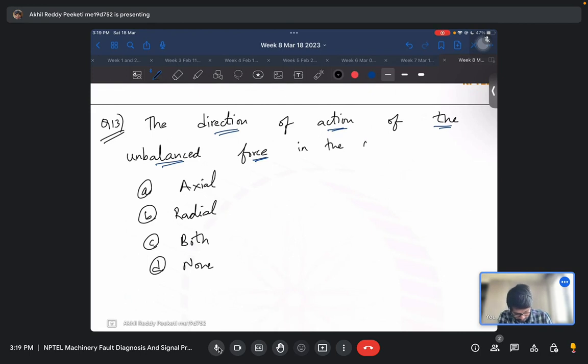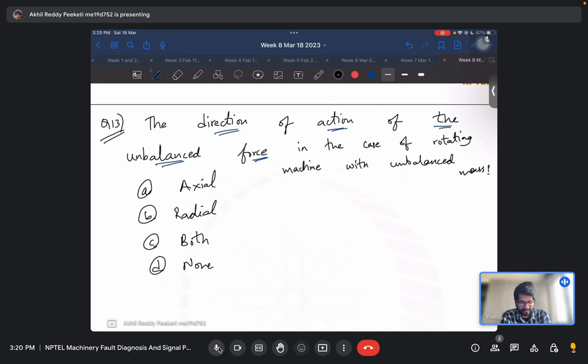In the case of rotating machine, unbalanced mass, what will be the direction of the force? We saw this in the previous question also. Will this unbalanced mass cause any axial force or radial force or both?